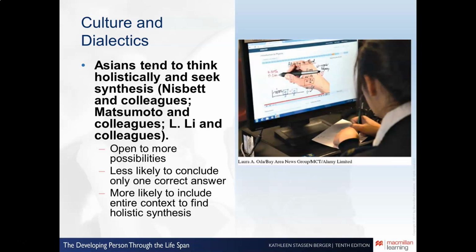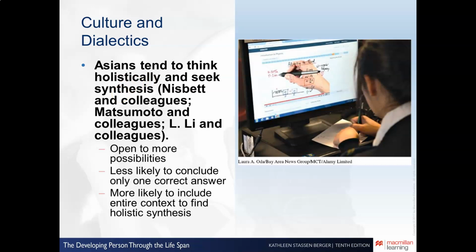Okay, and here's an example of dialectical thought and how it's affected by culture. This is just one example, just something to be roughly familiar with. But research has shown that Asians tend to think a little more holistically and seek synthesis.